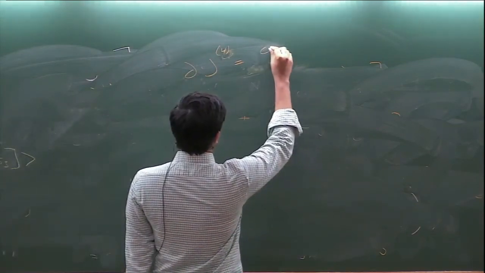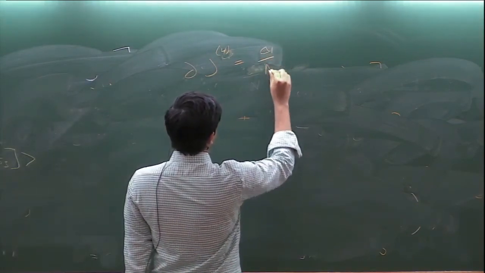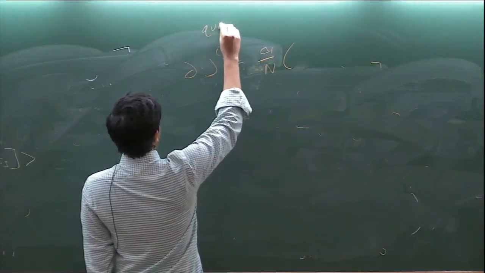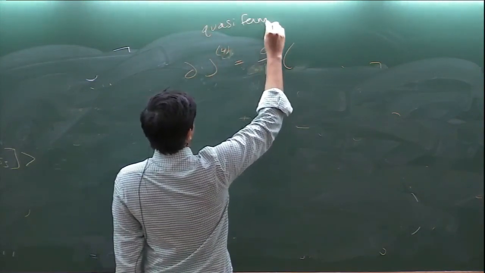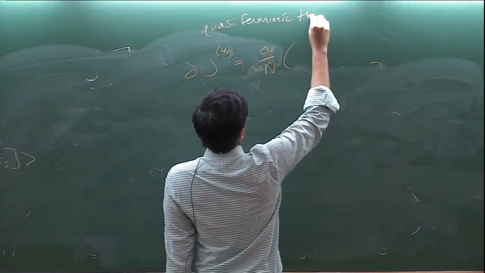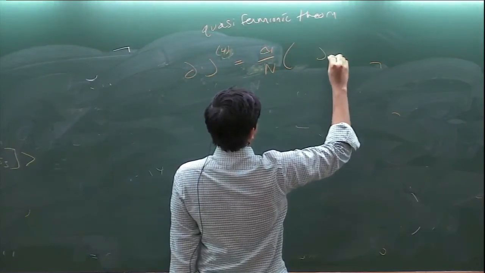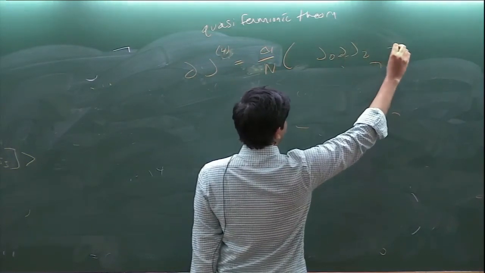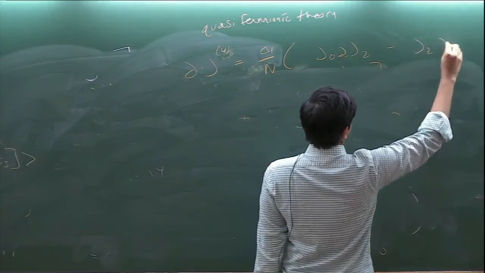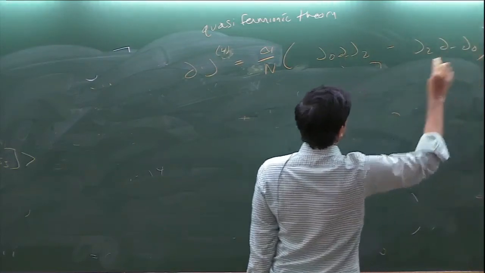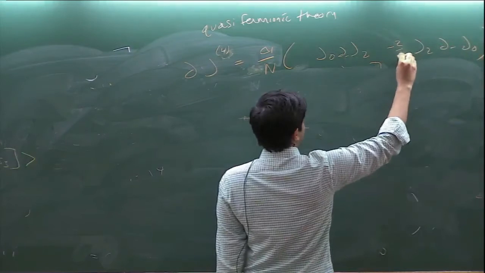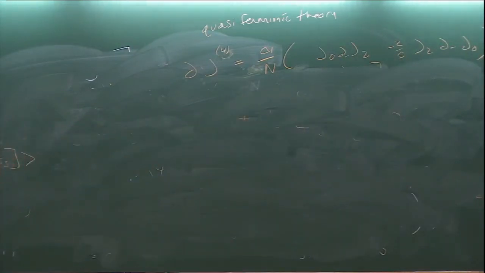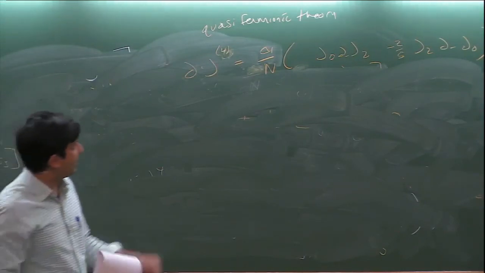Okay, in the quasi fermionic theory, the most general form for the divergence of J4 is parameterized by one constant.